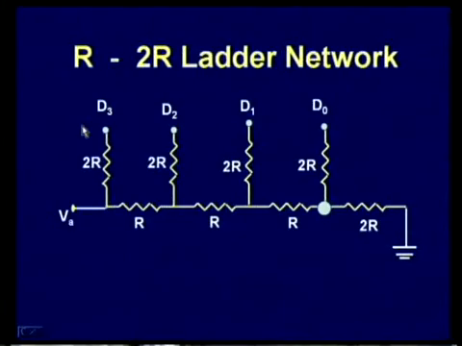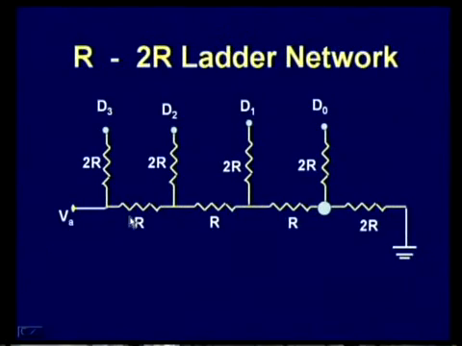Here you can see an R2R ladder network. The name R2R ladder is given because you can observe that the arms in this, the series arms, are of value R, and those in shunt form are 2R.